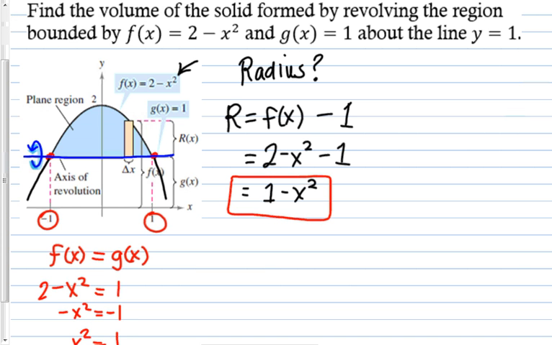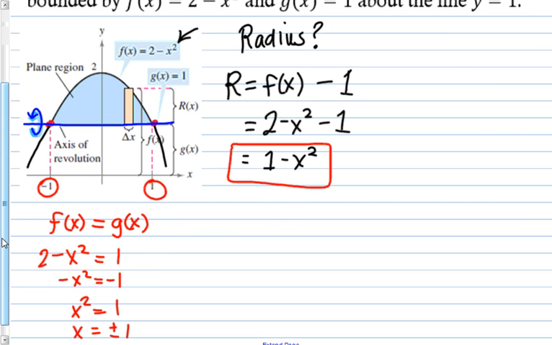Okay, because if I just use f of x equals 2 minus x squared, then it's going to think I'm using the whole thing, and I'm just revolving across the x-axis. But that's not really what's happening. What I'm using is up to here, and I'm revolving across y equals 1. So you figure out what your radius is by subtracting my y value, where I cut off the graph.